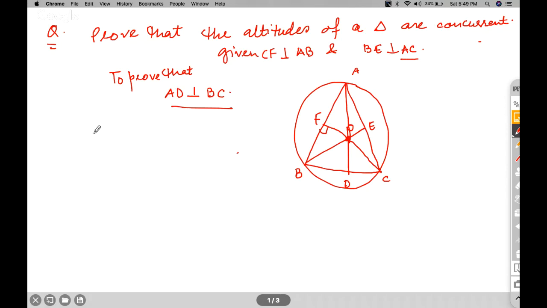So angle BEC is equal to angle BFC, which is equal to 90 degrees.